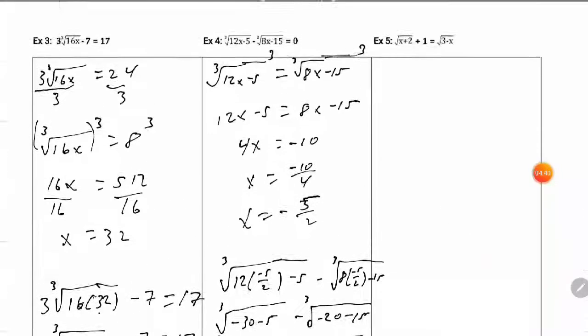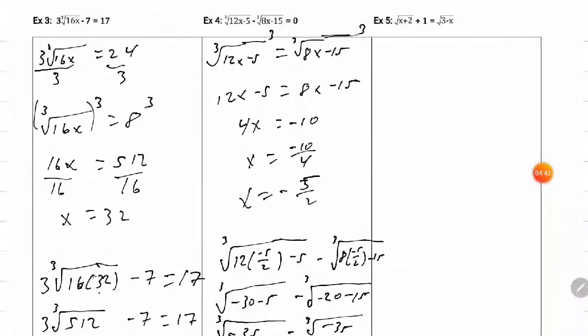Alright, next problem. Okay. Well, this is terrible. We're going to go ahead and just square both sides because we have a square root on both sides. Moving that 1 anywhere is not going to help.